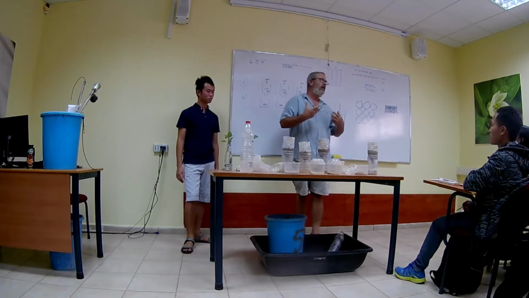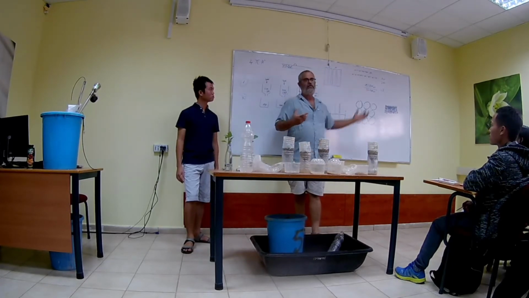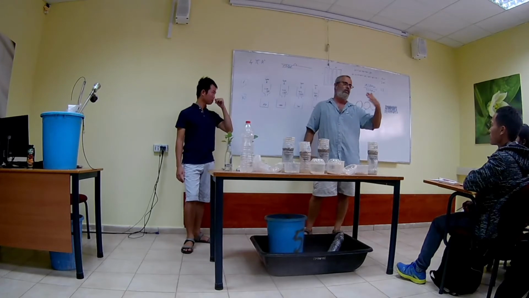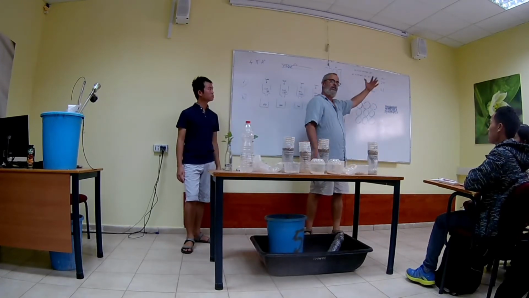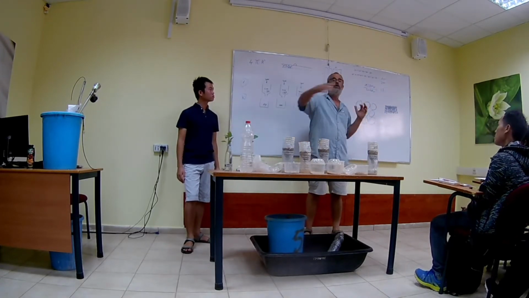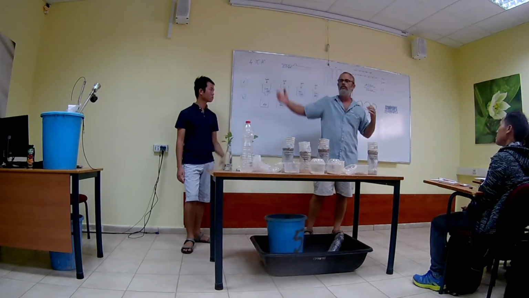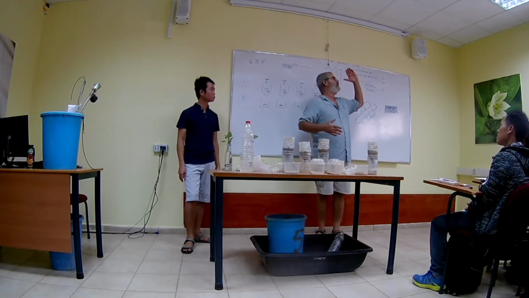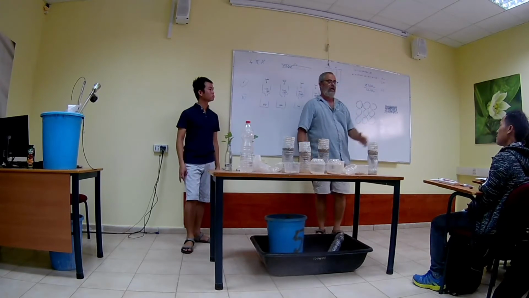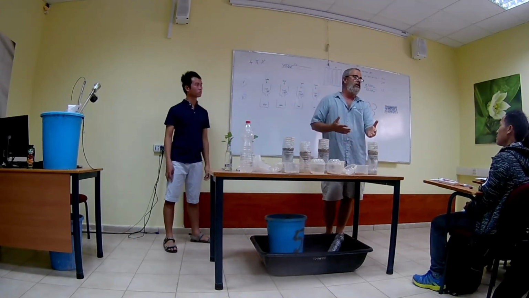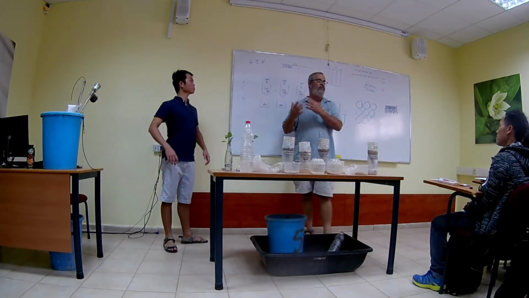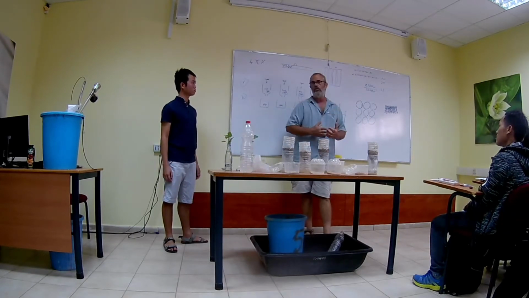But if we have a huge field, like in Israel where they grow wheat a little bit north from here, it's thousands and thousands of dunams. You stand in the field, you cannot see the other end, and there is no way that you can give a big field water anytime you want.